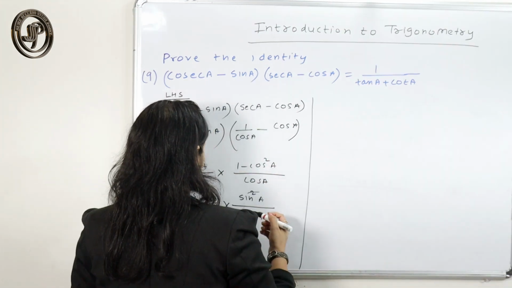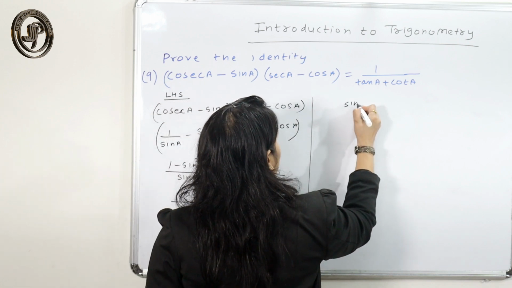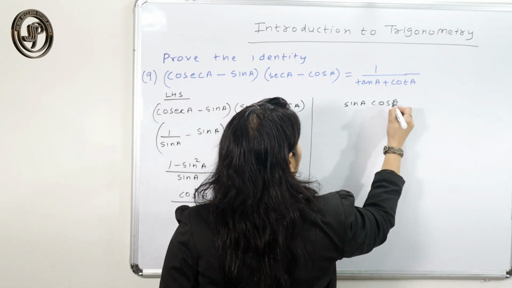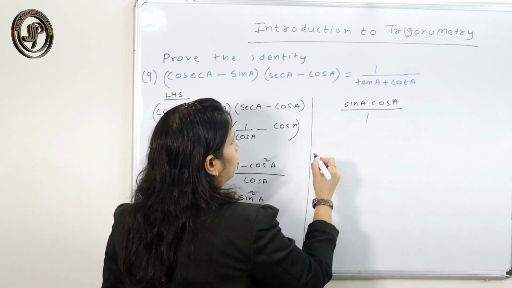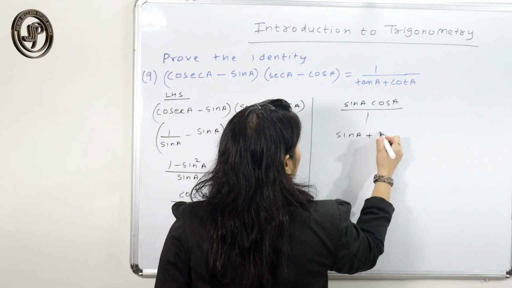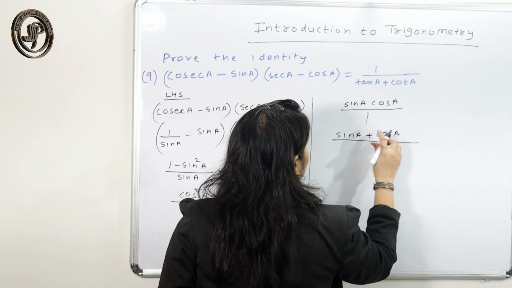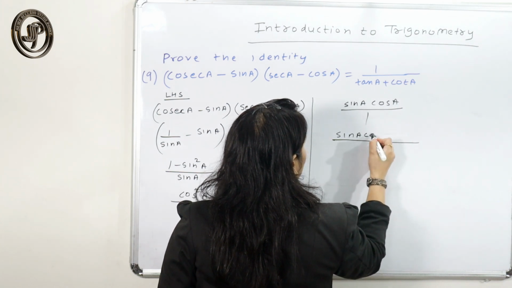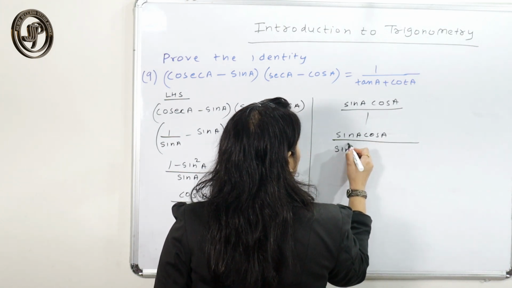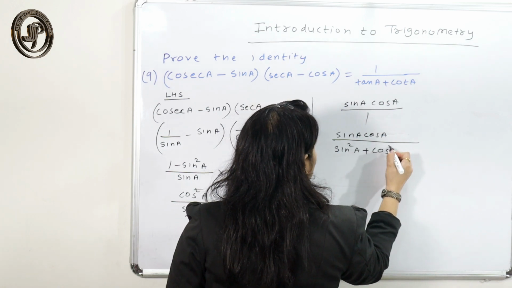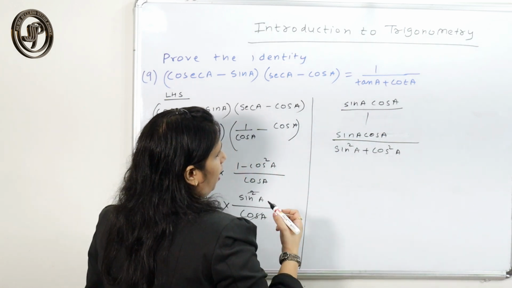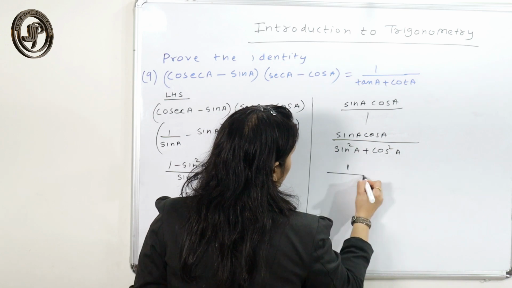So, now what can I write? It is sin A upon cos A. I can write like this 1. Now, 1 I can write as sin square A plus cos square A. Now, I just have to use some special trick here.